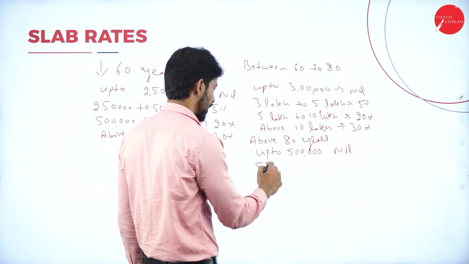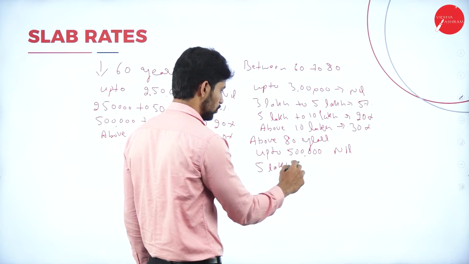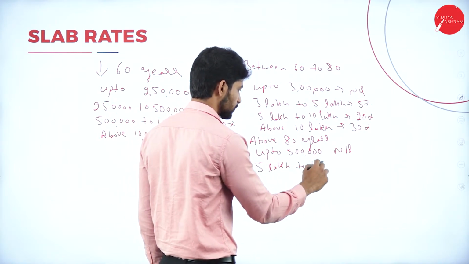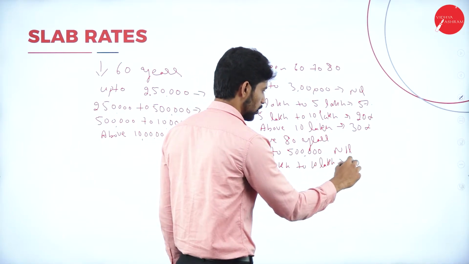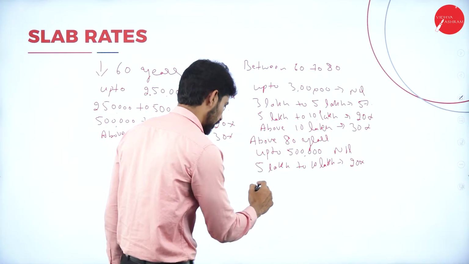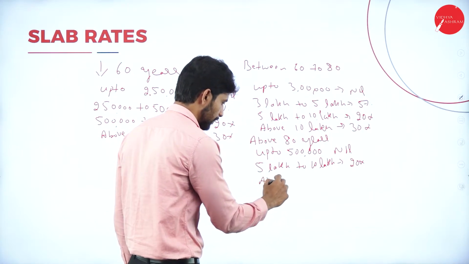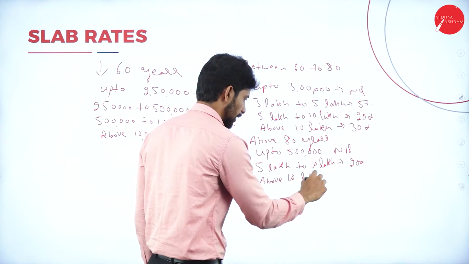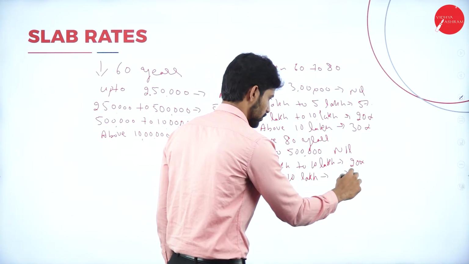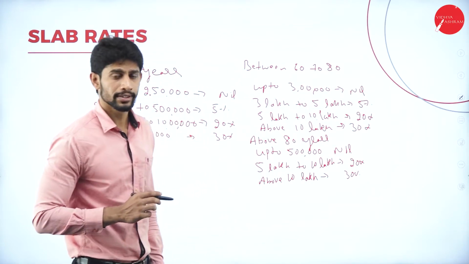Next, 5 lakh to 10 lakh, they are supposed to pay 20%. Next, above 10 lakh, it is 30%.